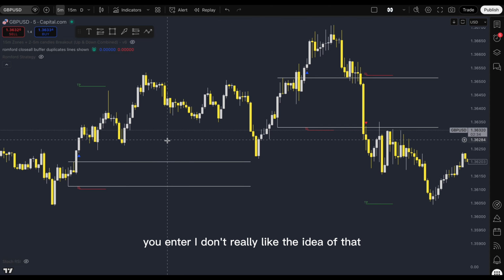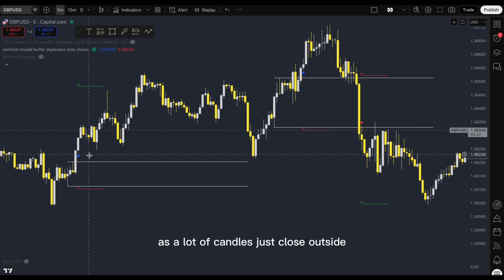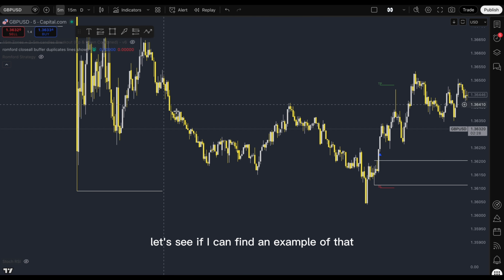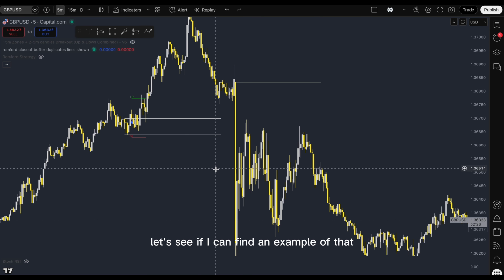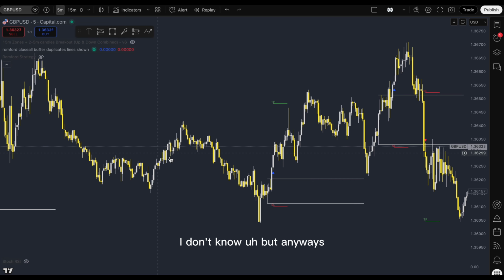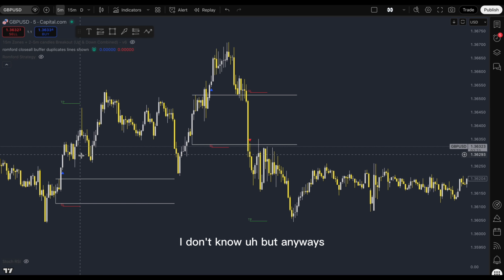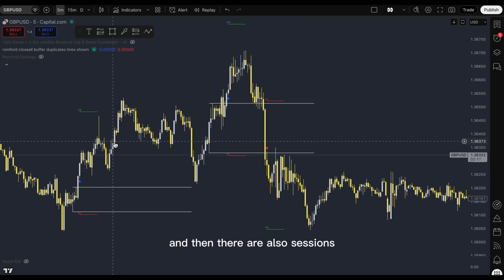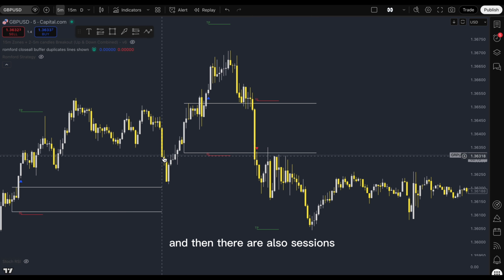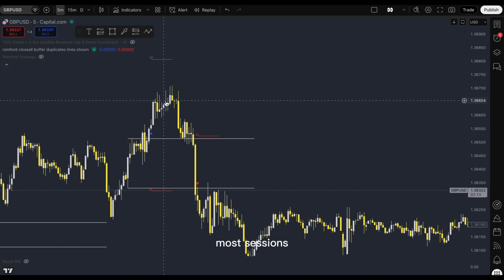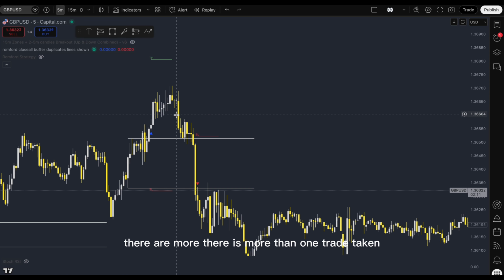I don't really like the idea of that because I think it is a bit risky, as a lot of candles just close outside and then go straight back inside. Let's see if I can find an example of that. I don't know. But anyways, it does happen. And then there are also sessions, most sessions, there's more than one trade taken.